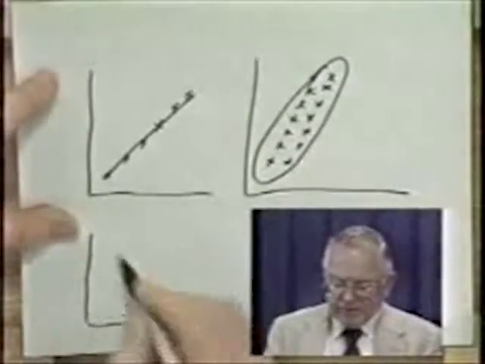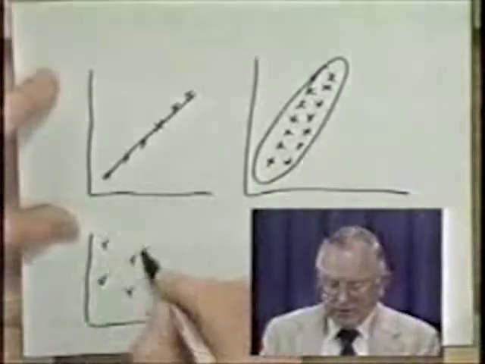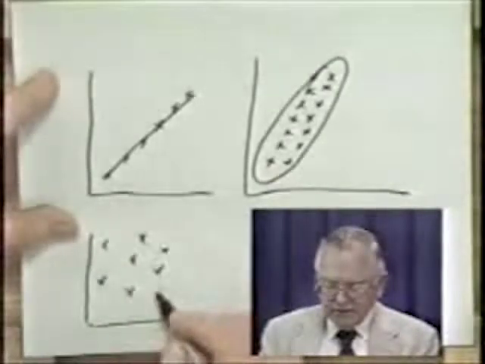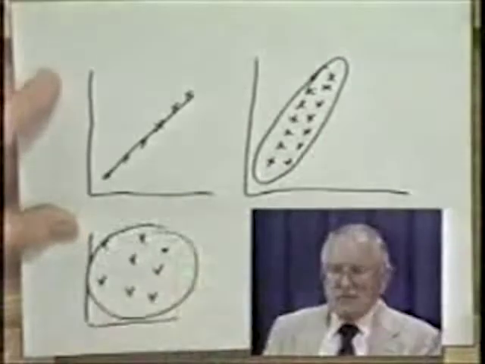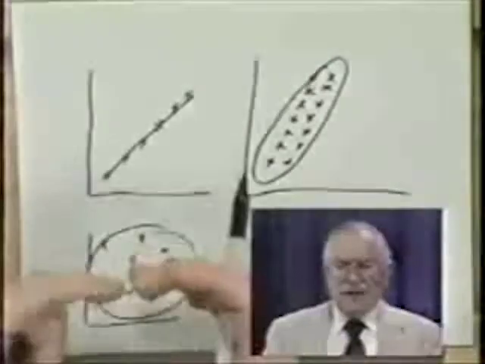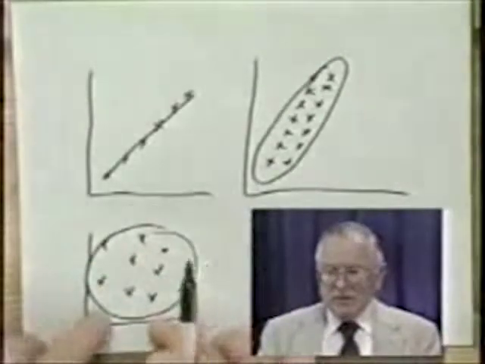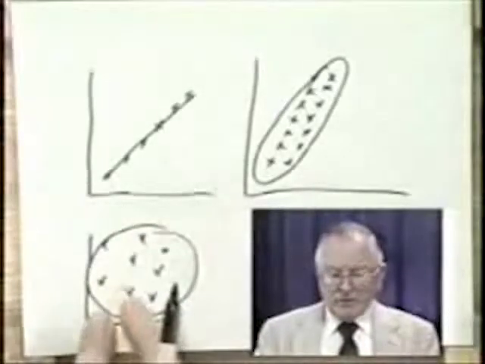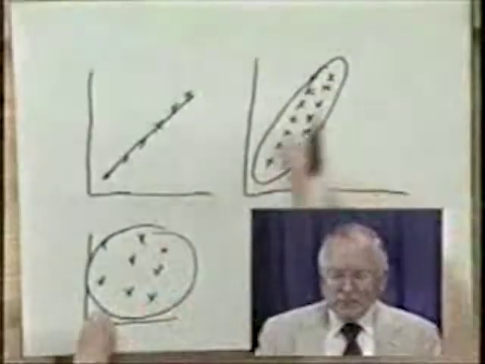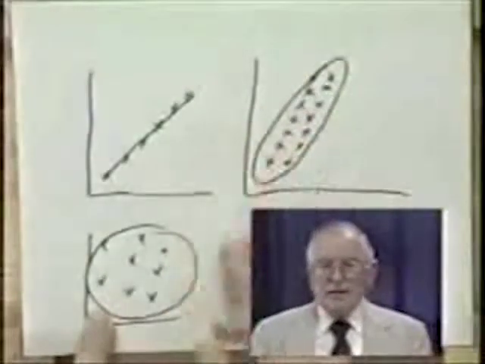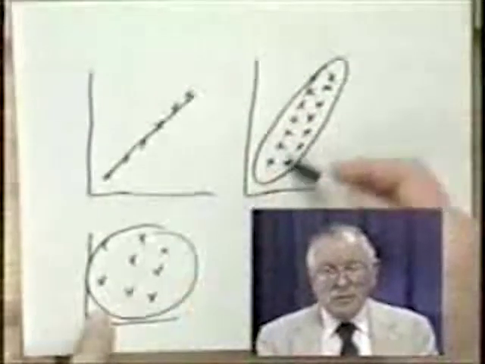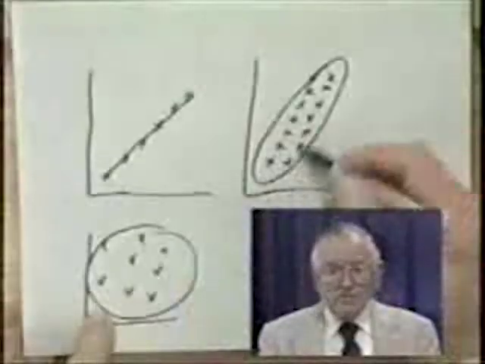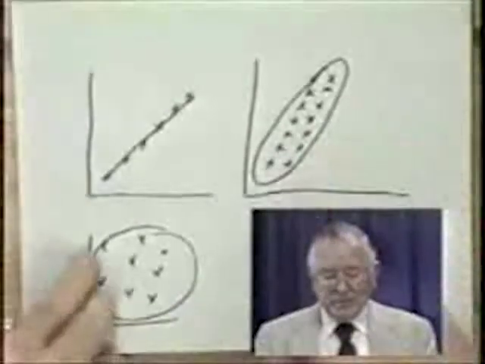If we have one that looks like this, that looks like no relationship. In other words, the closer this is to a circle, the less likely we are to have a very good predictor. The more it looks like this ellipse, or the closer it approaches a straight line, the greater the chance that we have an instrument which is a fairly good predictor.